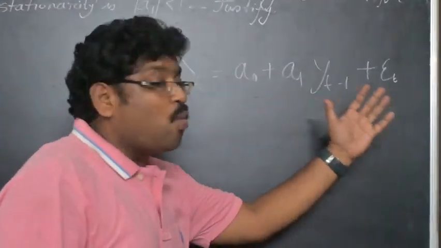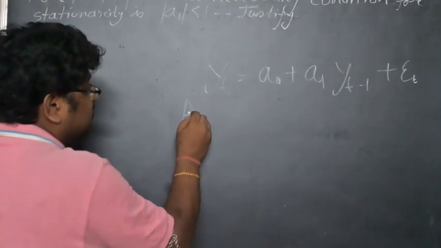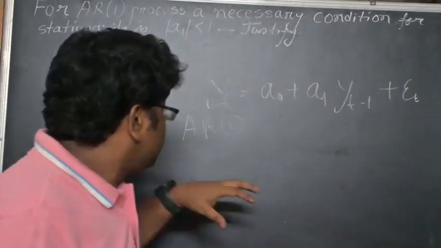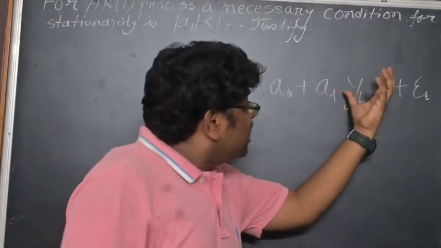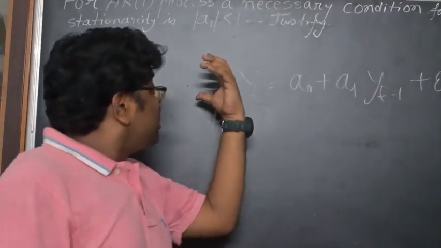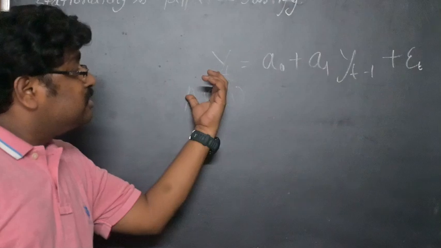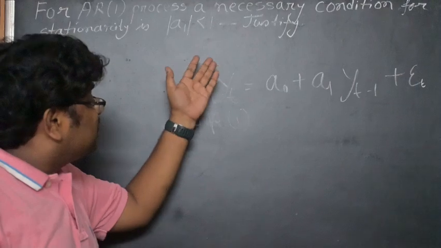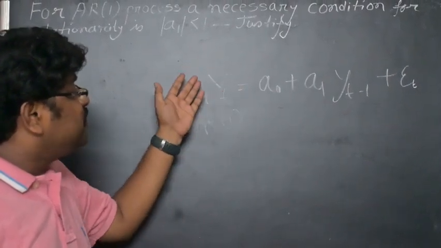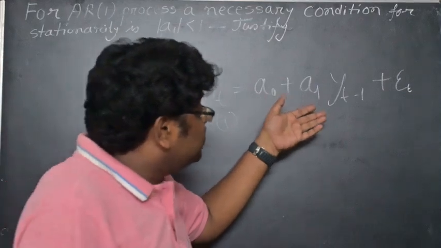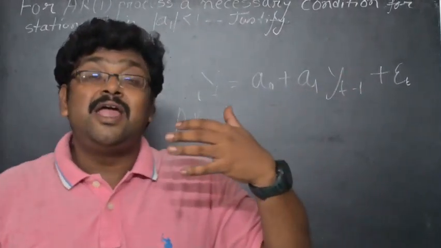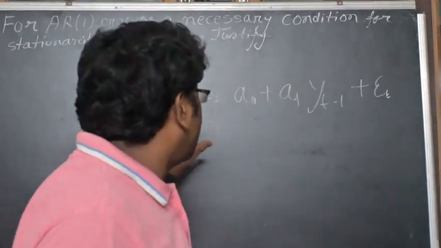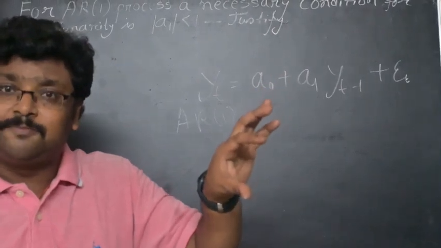This is the AR1 process. Why is it the AR1 process? Because the first lag of the dependent variable, Yt minus 1, is used in this equation as an explanatory variable. So this type of equation is the autoregressive process.